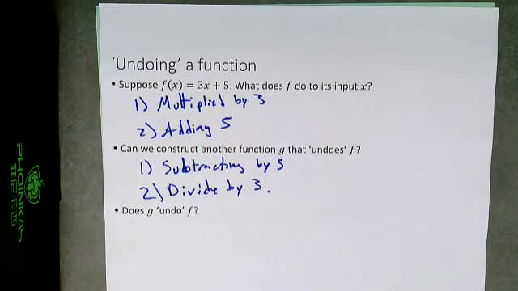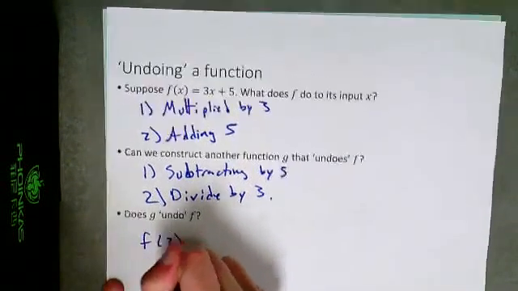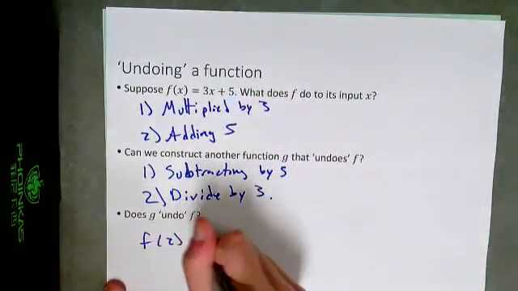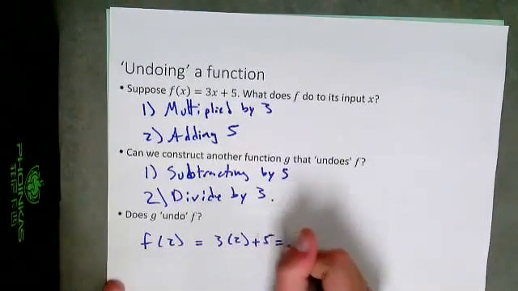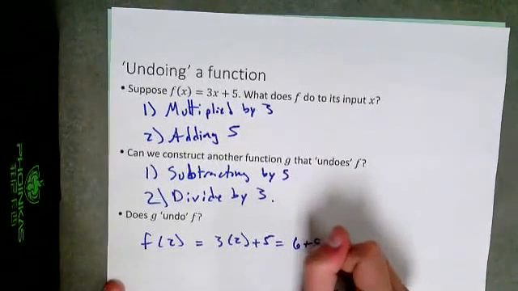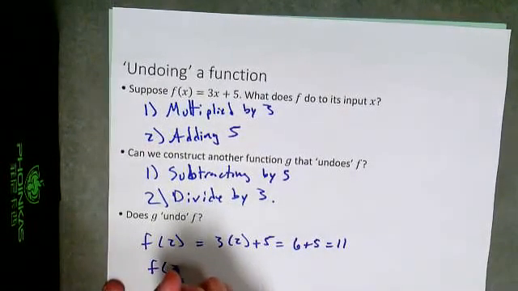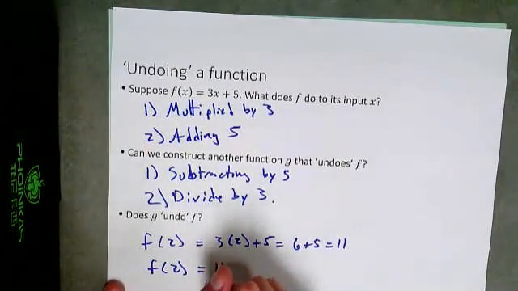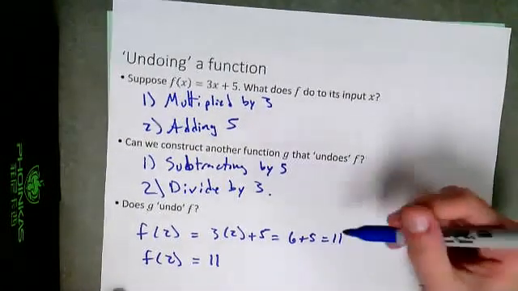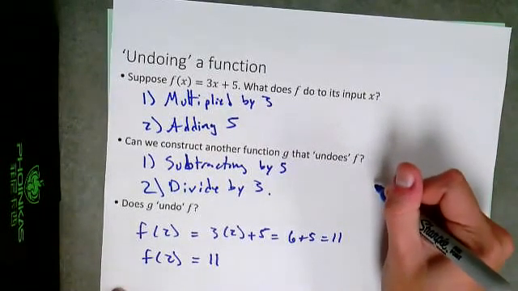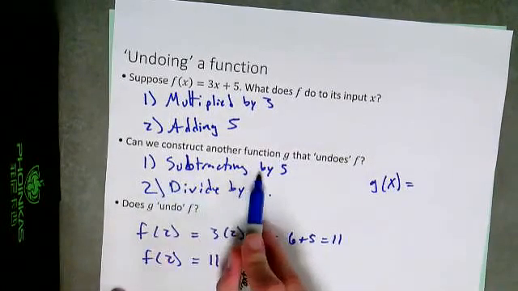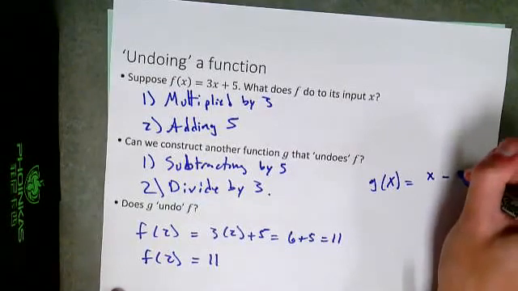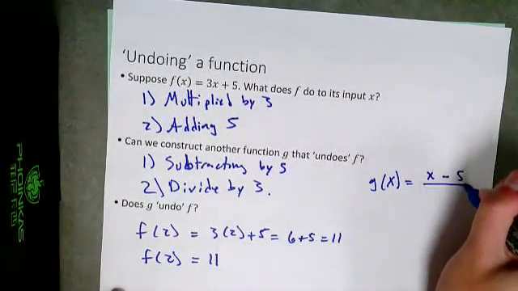If we look at, let's say, f of 2, f of 2 is equal to 3 times 2 plus 5, which is 6 plus 5 equals 11. So f of 2 is equal to 11. Now our g function is supposed to first subtract 5, so we have x minus 5, then divide everything by 3.